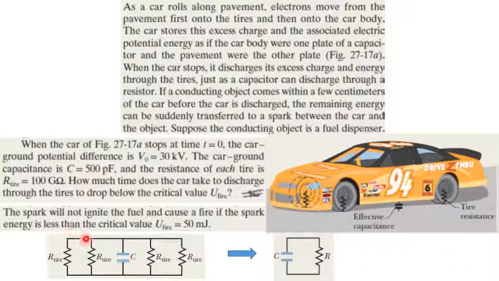Similarly, the other two tires. So effectively, we have four parallel resistances which correspond to the four tires. So the problem now is that this capacitor will discharge through these four resistances.